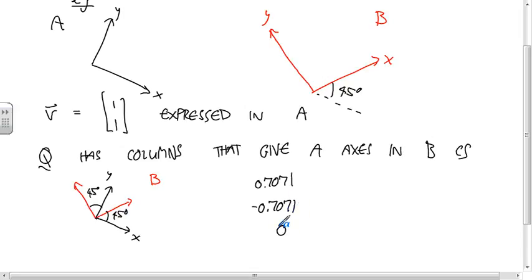And I'll write it in 3 dimensions. And then what about the y-axis? How would we represent this y-axis in the red coordinate system? It's going to be 0.7071, 0.7071, 0. And then the z-axis, well, we're rotating about the z-axis, so that's going to stay unchanged.